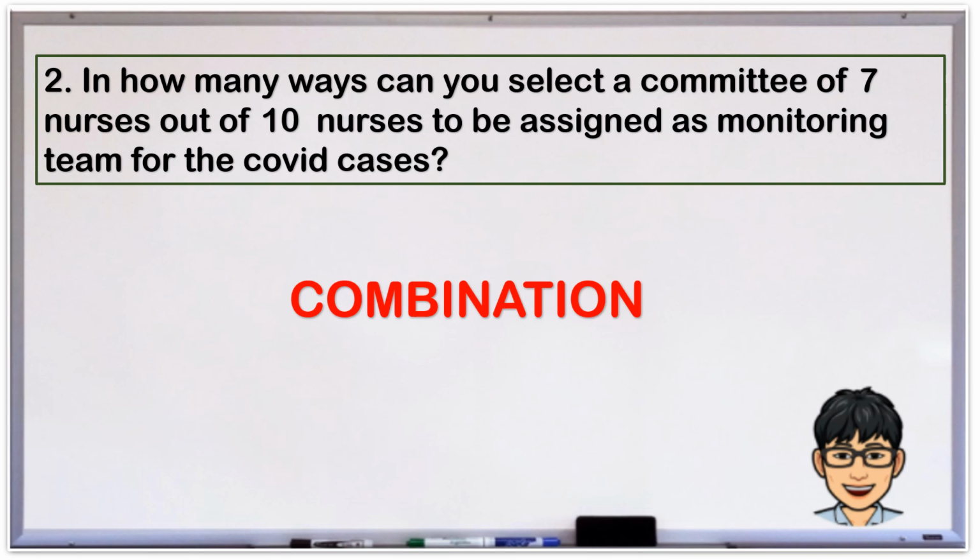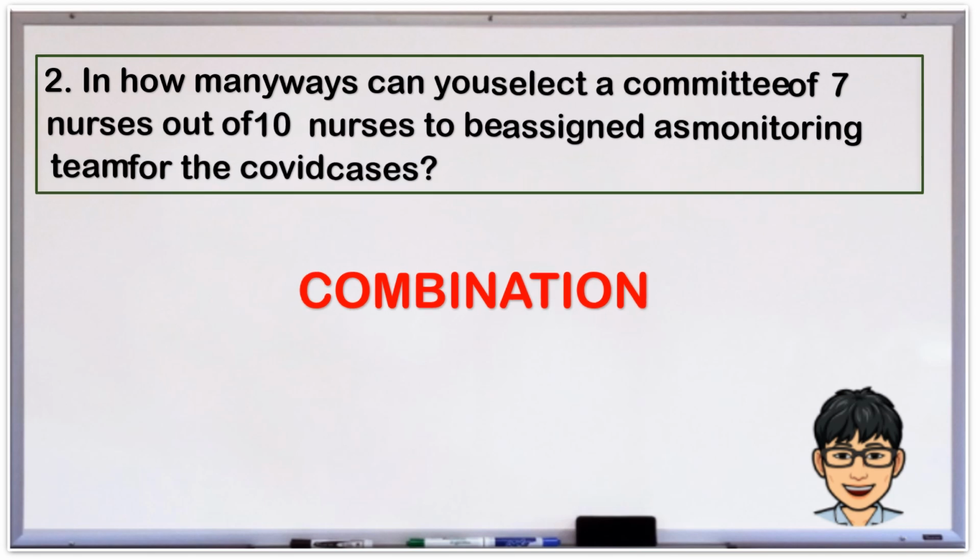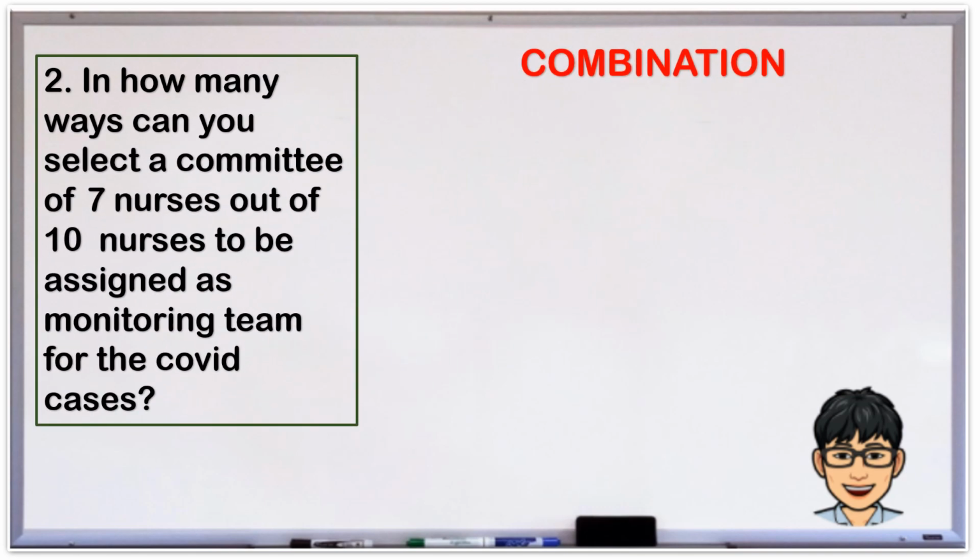Dahil hindi mahalaga yung order of selection kapag pipili tayo ng 7 nurses para bumuo ng isang committee. So in this problem, our n is equal to 10 and our r is equal to 7.